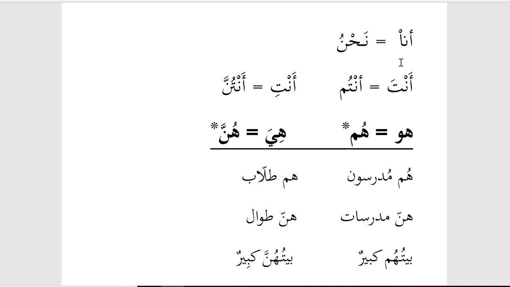If it's a mixture of men and women, then we're going to add a noon. Okay? A noon for neutral or neutered. It doesn't have a gender, or it's a neutral gender. So we have noon for neutral gendered, if it's male or female. We have noon for nisa, and we have meme for men. Okay, so just keep that formula. So ana changes to nahnu. So we have a noon in the beginning, and we have a noon at the end.